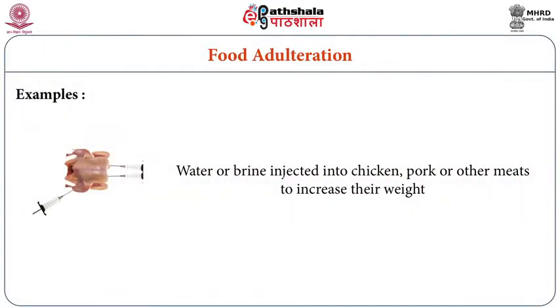And for example, even chicken, meat, fish kind of products, where people are injecting water into the carcass of poultry birds or buffalo or goat or sheep, to maintain freshness or to increase the weight of that particular product.